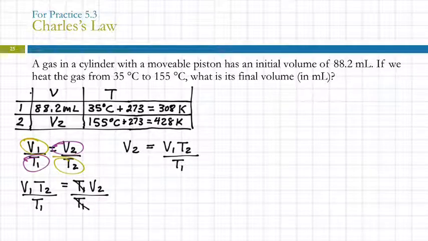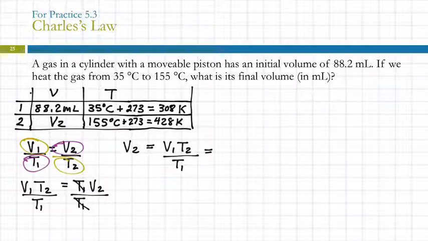This is not the only way to solve these problems, but for students that do not intuitively understand this, this seems to work the best, and so that's why I'm teaching it this way. Any questions about the equation? You really should show your work when you do these problems. You don't necessarily have to show this part, but you should show the rearranged equation with variables, and then we should show it with the numbers plugged in.